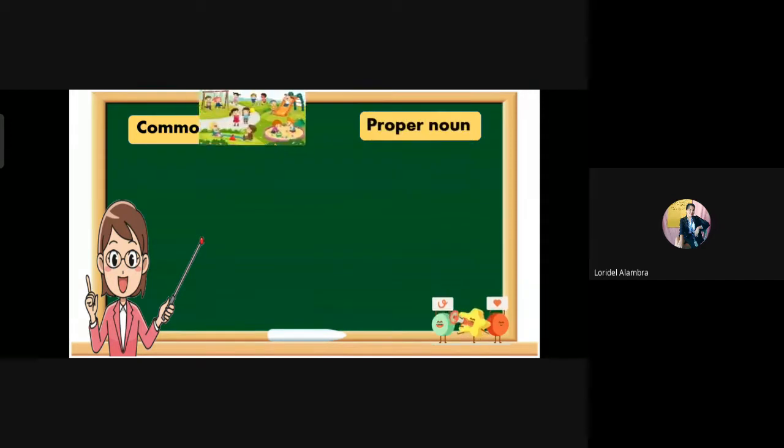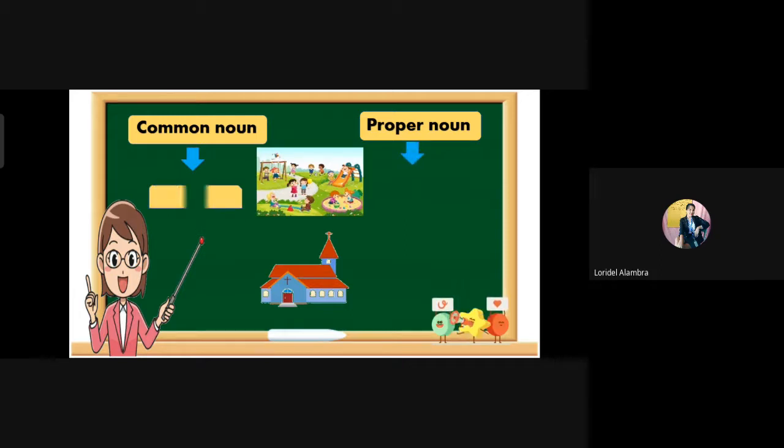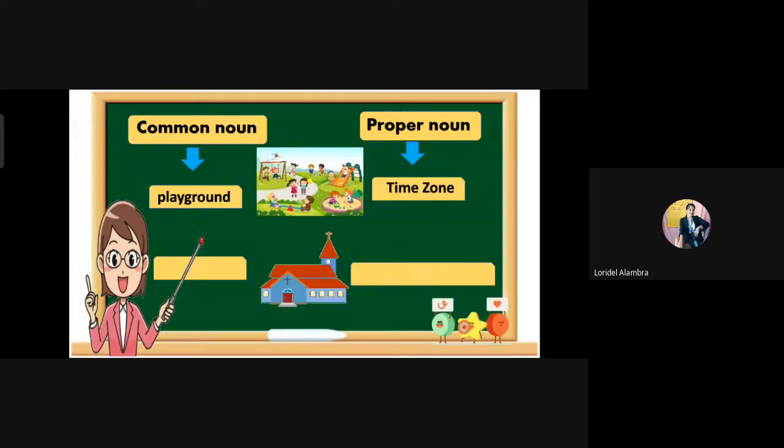And the last, in the last places. So, the common noun are playground, church, and the proper noun is Timezone, and the name of the church, which is St. Peter and Paul Parish.